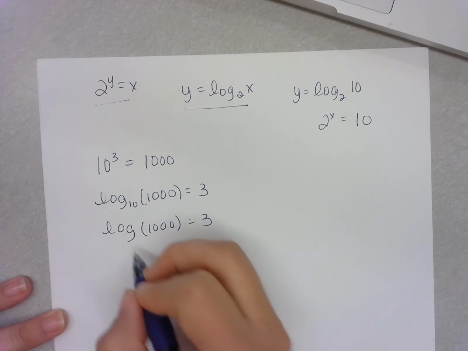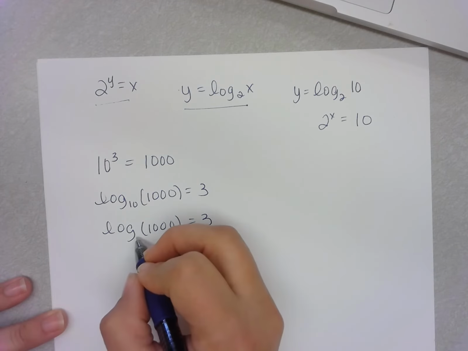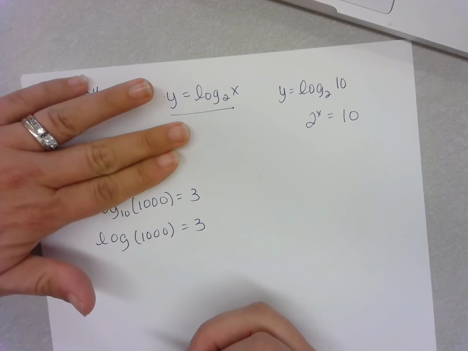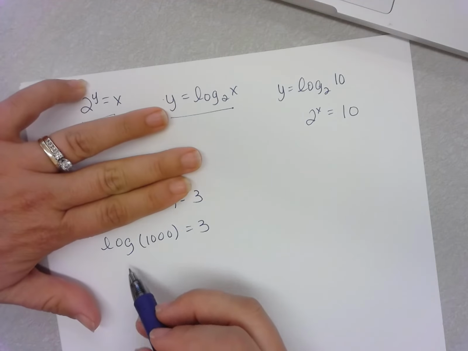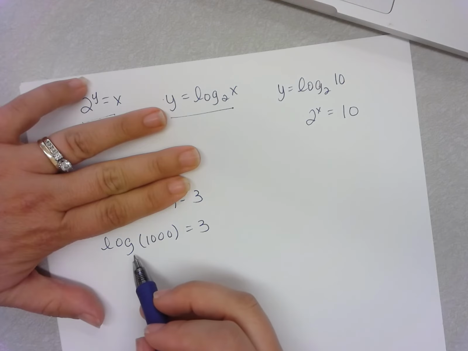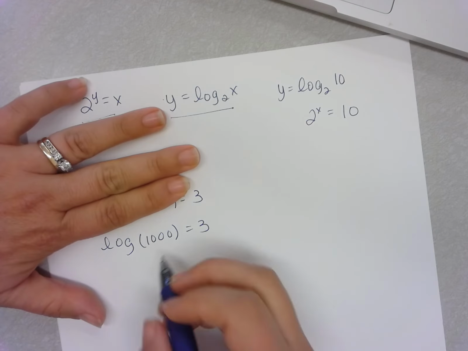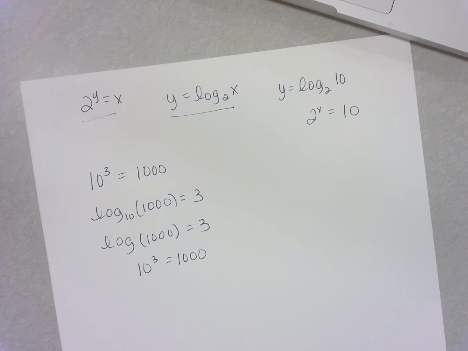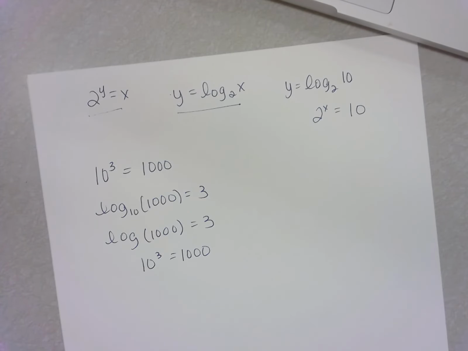So if I was just given this part, I assume, because there's no base written here and I'm just using log, that that is 10 cubed equals 1,000. So when we're in base 10, we don't actually write the base because we used base 10 for so many things.